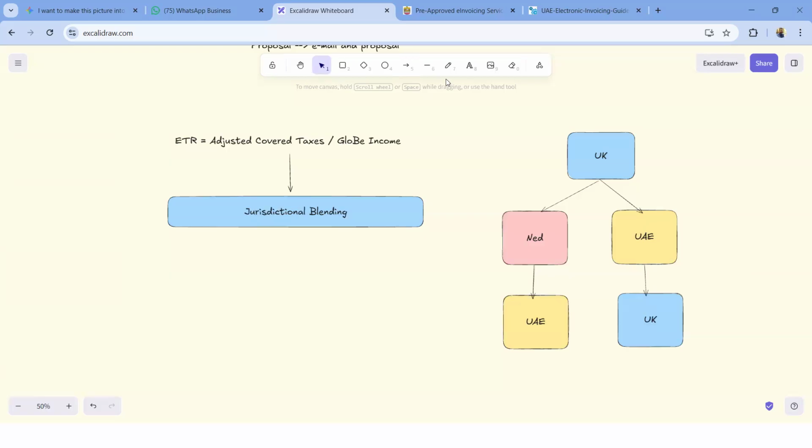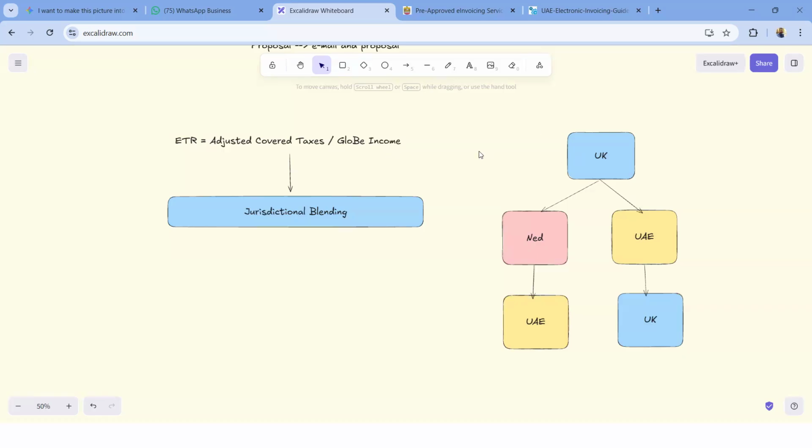Yes or no? Definitely, I am an MNE. So if you are so bothered about whether I am paying 15% taxes, why can't I take the total of all the adjusted covered taxes of all the jurisdictions divided by the globe income, using the consolidated financial statements? And why can't I see whether it is 15% or not?